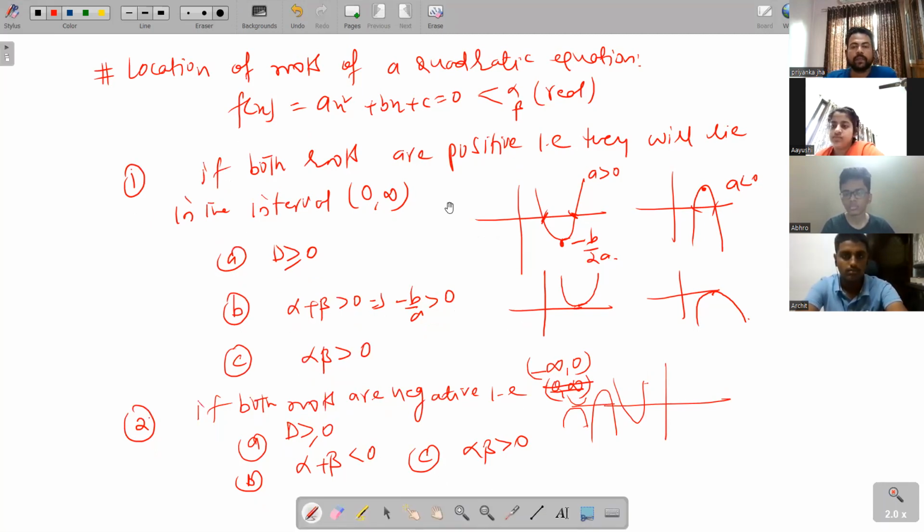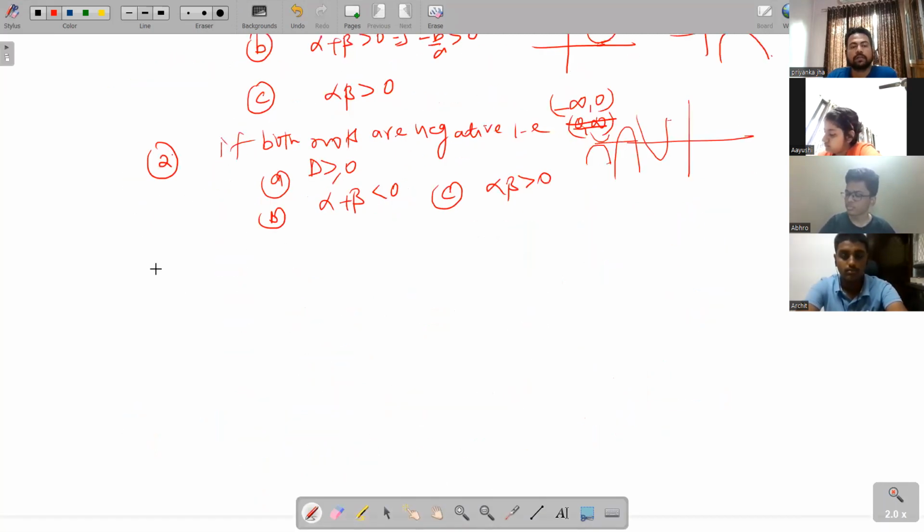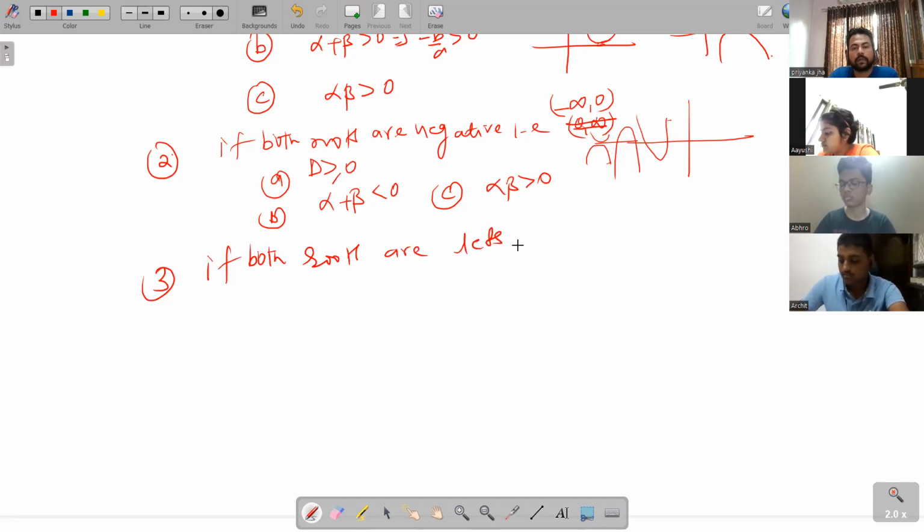The third condition would be if both roots are less than a given number, let's say k. So there will be two different cases.